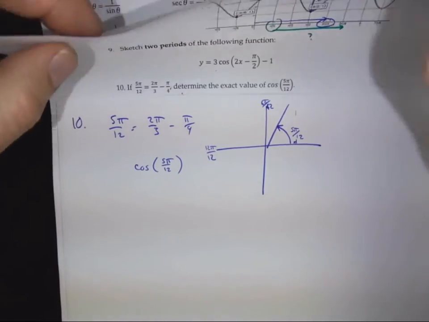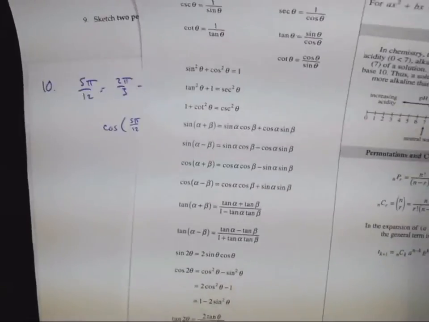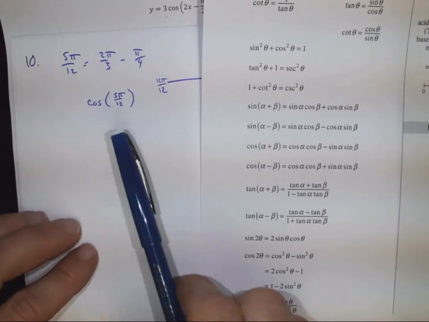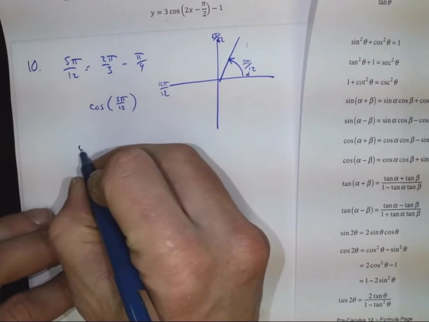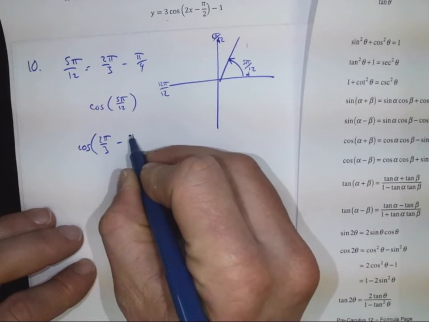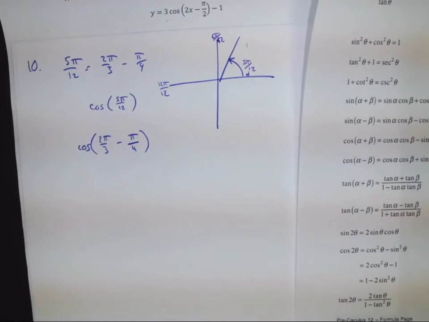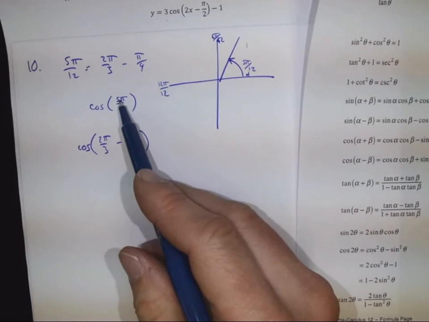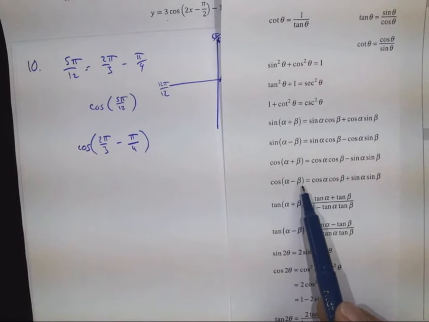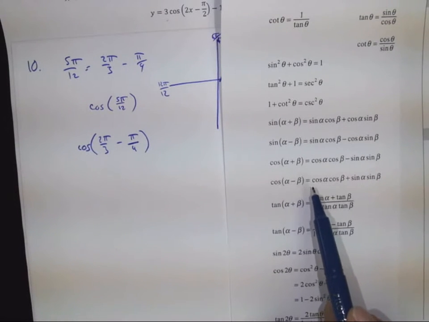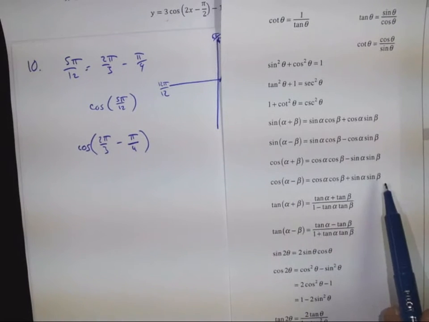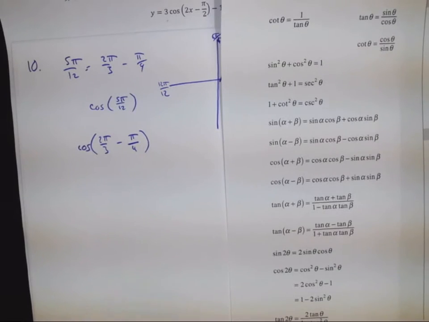So we'll use our formula sheet here. And we'll say, okay, well, we have a difference identity here. So if we can rewrite cosine of 5 pi by 12 as cosine of 2 pi by 3, take away pi by 4, because it's equivalent to 5 pi by 12, then we can use our special identity here, which says that if you have a cosine of an angle take away another angle, you can rewrite it as those individual angles and solve those individually.